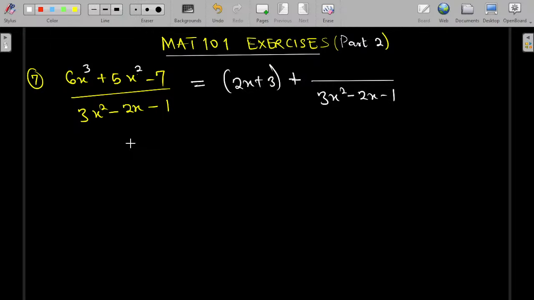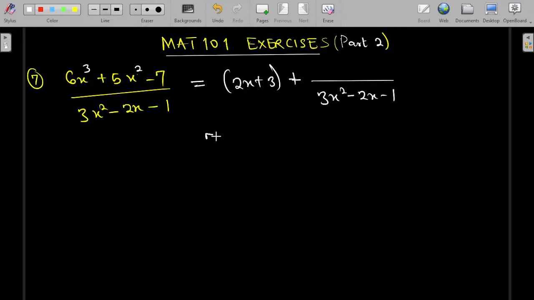So now let's quickly go on. First of all, we need to get the remainder. The first thing, like I said, is that you need to divide this numerator by this, and when you do that division you will get a whole part, then a remainder over the divisor.